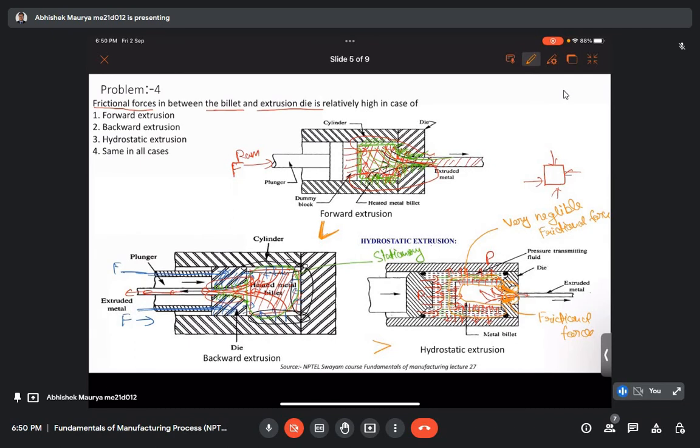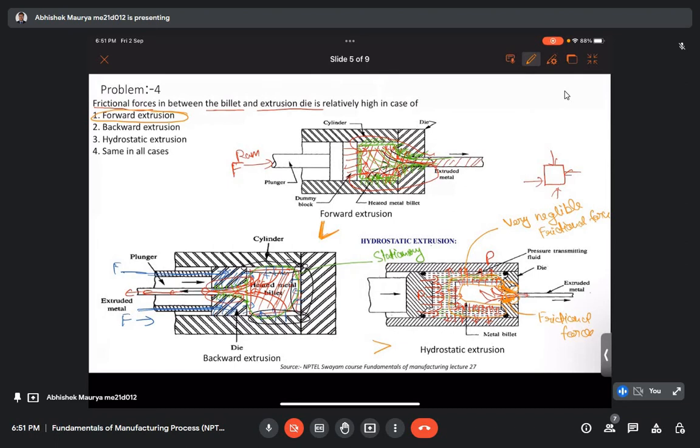Therefore, the maximum friction force acting in the extrusion process will be in the case of forward extrusion. So forward extrusion is the correct answer, whereas the fourth option, same in all cases, is wrong. So the maximum will be in forward extrusion and the least will be in hydrostatic extrusion.